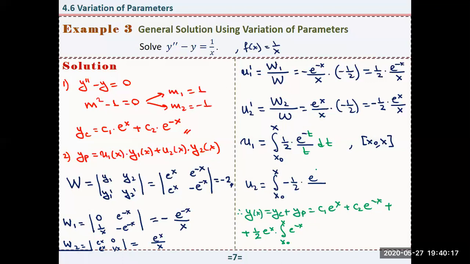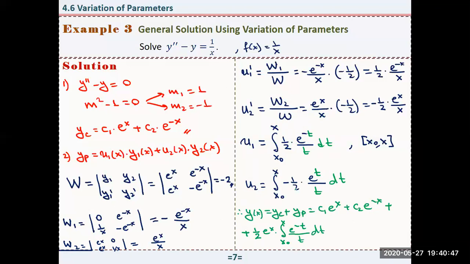So e to the power t over t dt. Here it is actually a function of x, right? Because of this x, e to the power t over t dt.